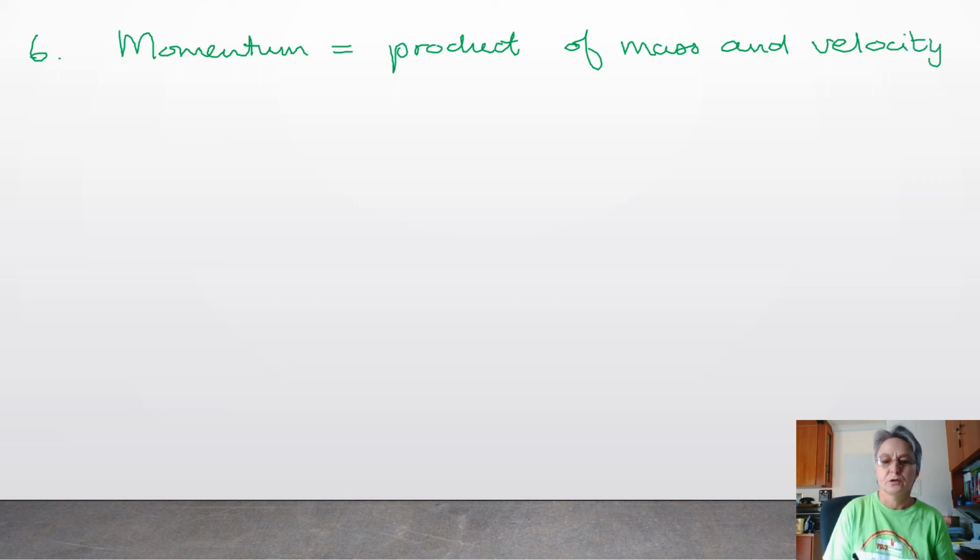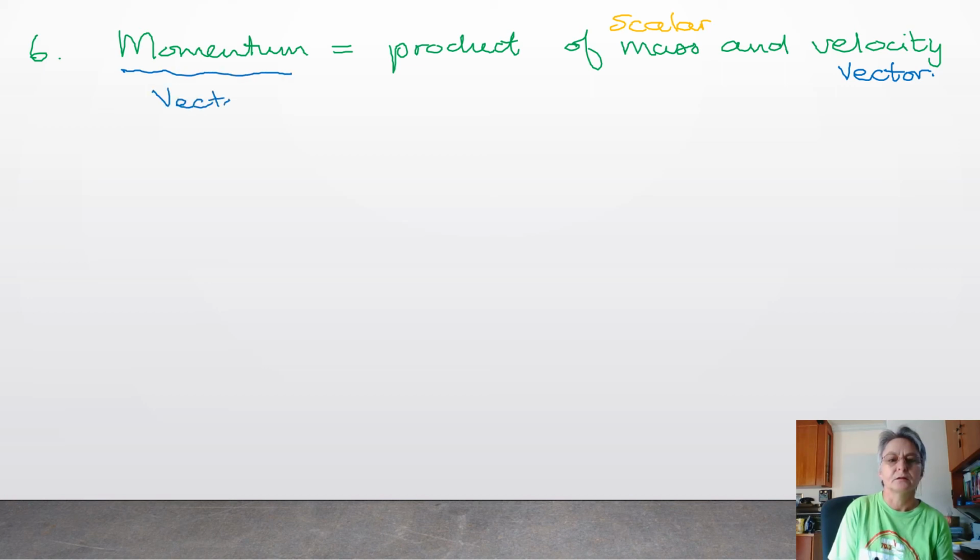Now, I know mass is a scalar, but velocity is a vector, so there is direction connected to it, so momentum is also a vector quantity.